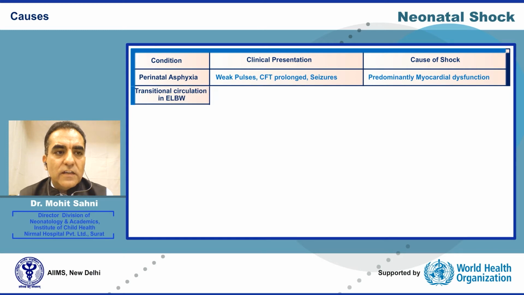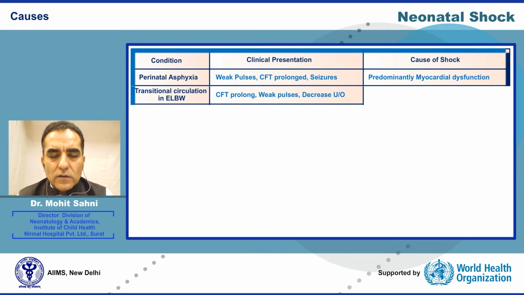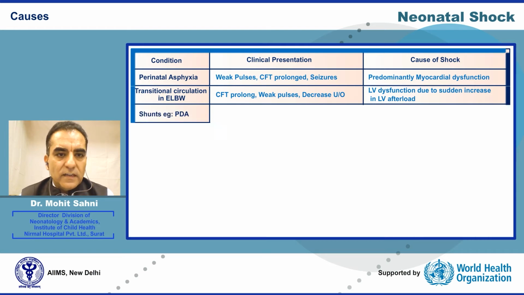Transition circulation in ELBW, especially babies less than 28 weeks. In this, you will have decreased urine output along with other clinical presentations. The main pathophysiological component causing shock is LV dysfunction, because the LV is suddenly exposed to higher afterload. PDA shunt.